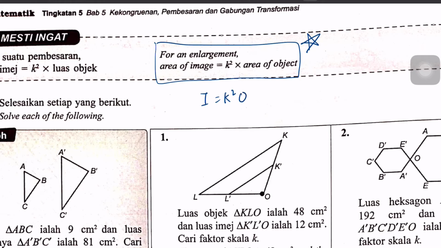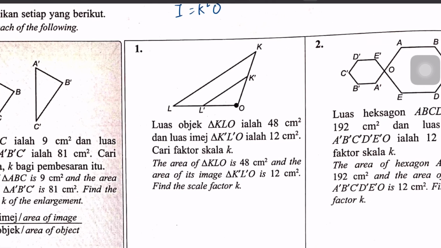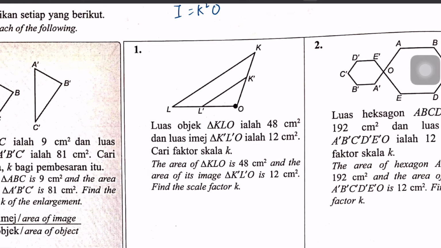Now let's look at the first problem. The area of triangle KLO, the big one, is 48 centimeter square, and the area of its image is 12 centimeter square. Find the scale factor.